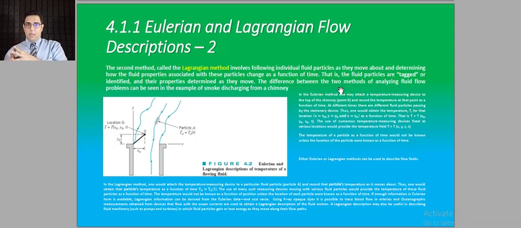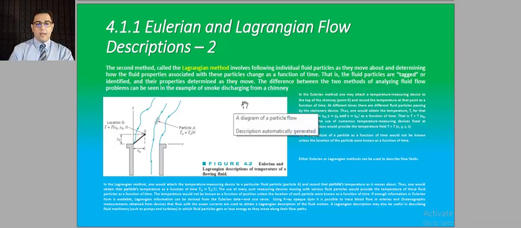In the Lagrangian method, we're going to tag every single particle, and moreover, we analyze that particle's motion individually at any instant of time.